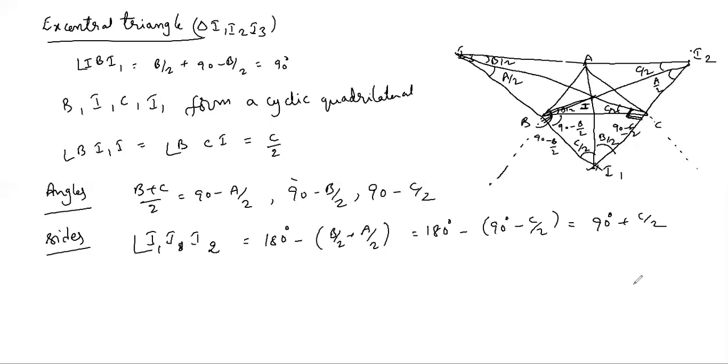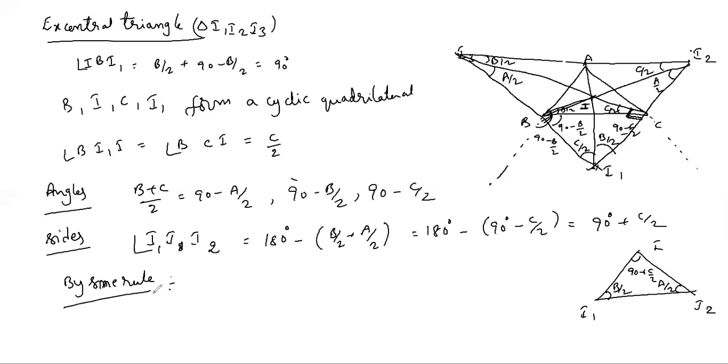Now in this triangle, we know this angle is 90 plus C by 2. The other angles are B by 2 and A by 2. So now we are to find I1I2, applying the sine rule in this triangle.